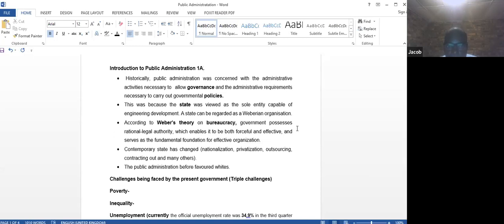It was concerned with public administrative activities necessary to allow governance and the administrative requirements necessary to carry out governmental policies. But as time went on, there emerged what was called a state.